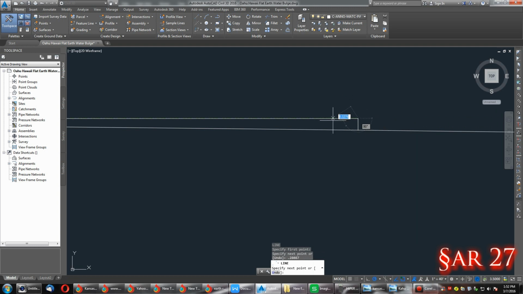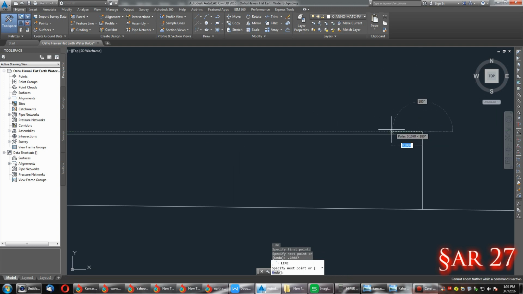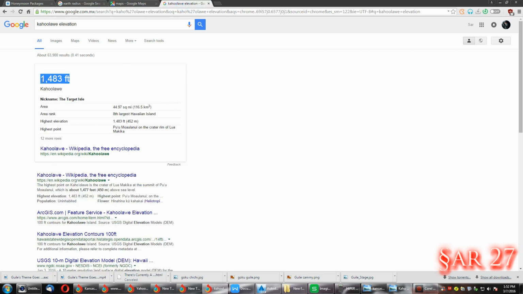Okay, that represents the top of the mountain. That represents the elevation, 1483.